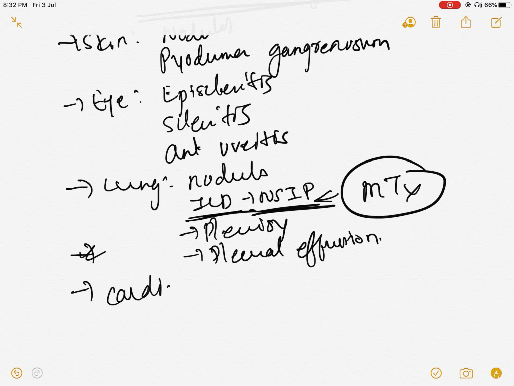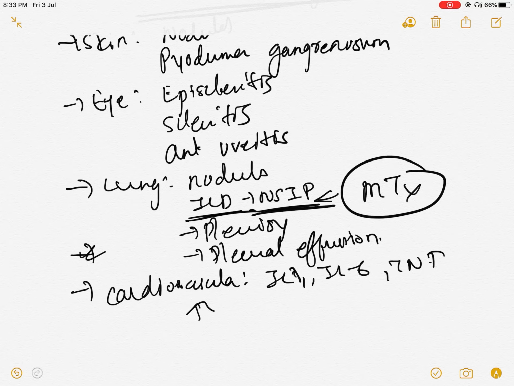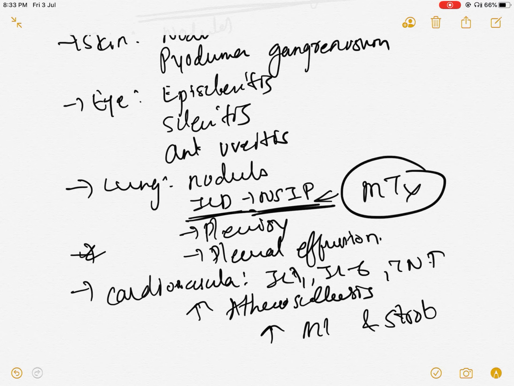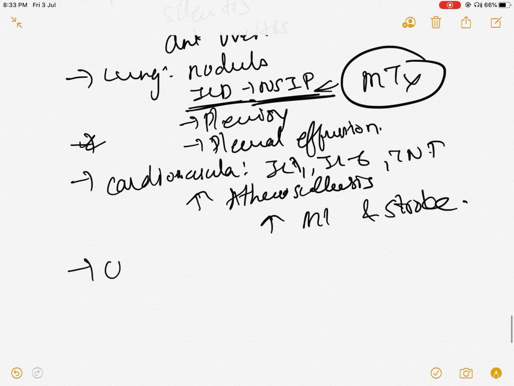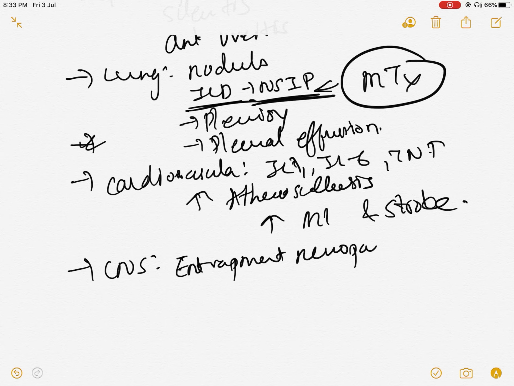In the cardiovascular system, because of interleukin 1, interleukin 6 and TNF alpha, there is increased atherosclerosis, resulting in increased risk of MI and stroke. In CNS, it causes entrapment neuropathy and mononeuritis multiplex.